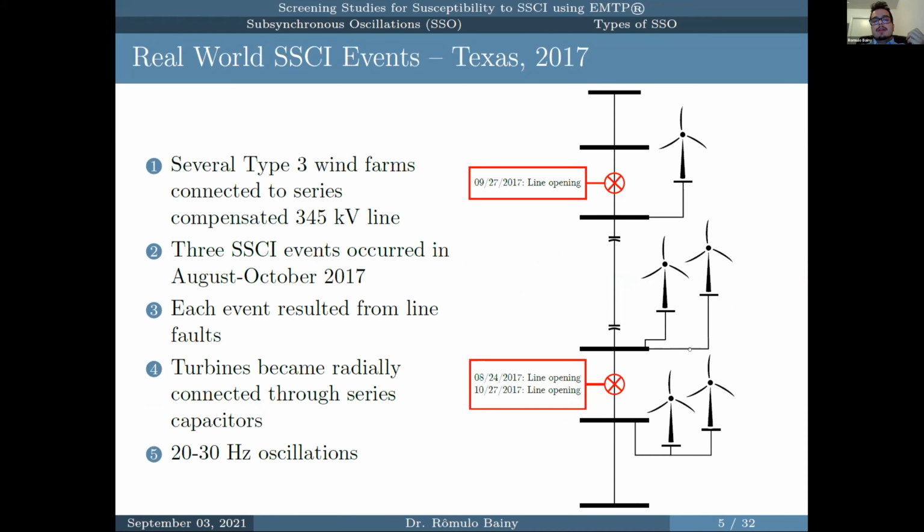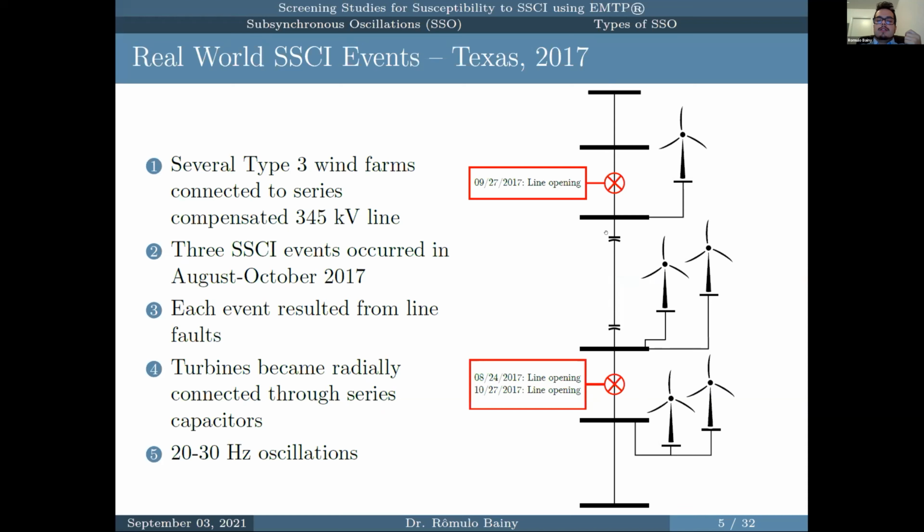Another case that happened also in a real world system was also in Texas, but this one in 2017. And as you can see here, we have this representation of the system, and we had three events: one event that caused this line to open, and another two events that caused this line to open.